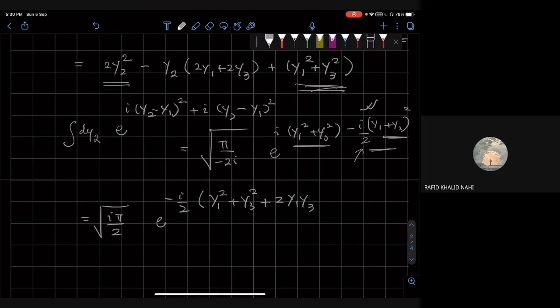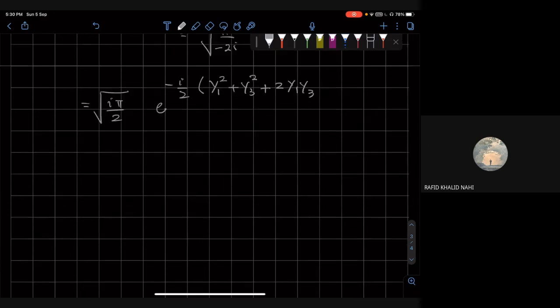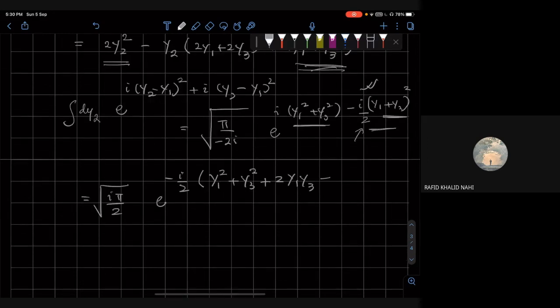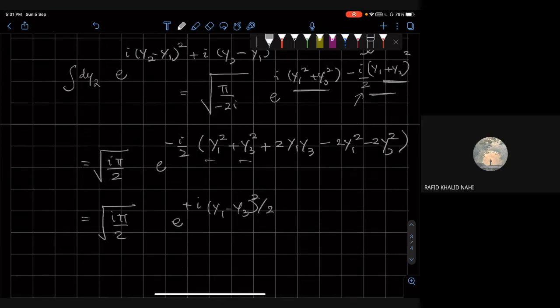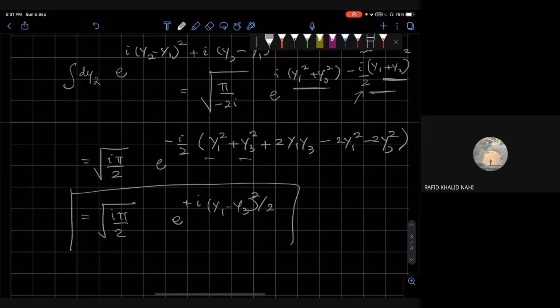And these will have a factor of 2 now, and because of the minus sign, there's a minus here, so it'll be 2 y1 squared minus 2 y3 squared. So we see that the signs in front of these will switch as a result. With i pi by 2 square root, we'll get e to the power plus i, y1 minus y3 squared by 2. Okay, so this is the result of doing the first integral. Any questions?